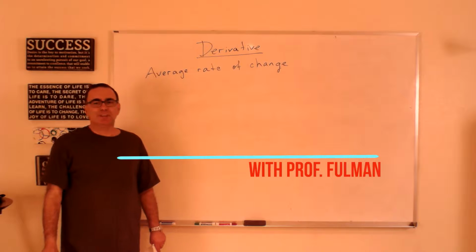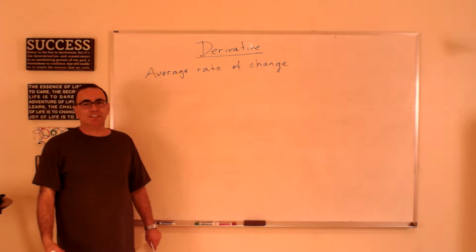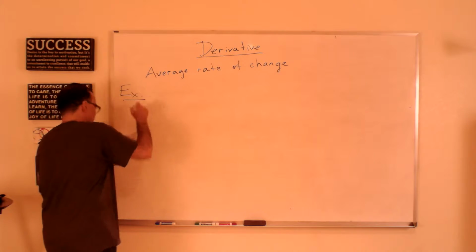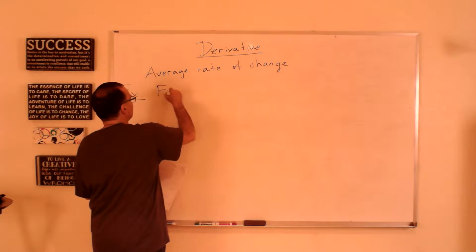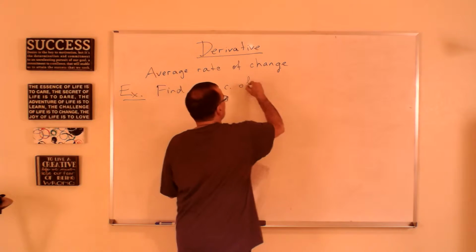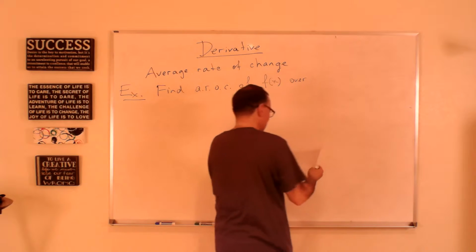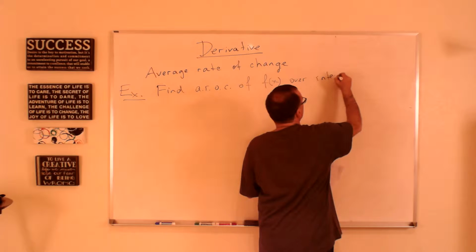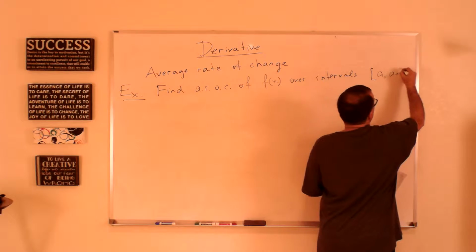Now I want to show you an example of calculating average rate of change of the same function over different intervals. So here's an example. Find the average rate of change of the function f of x over intervals of the form a plus h.